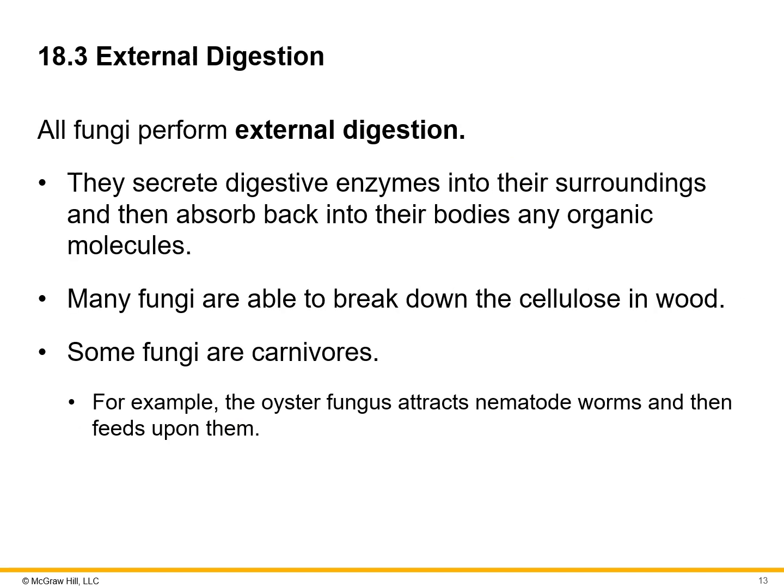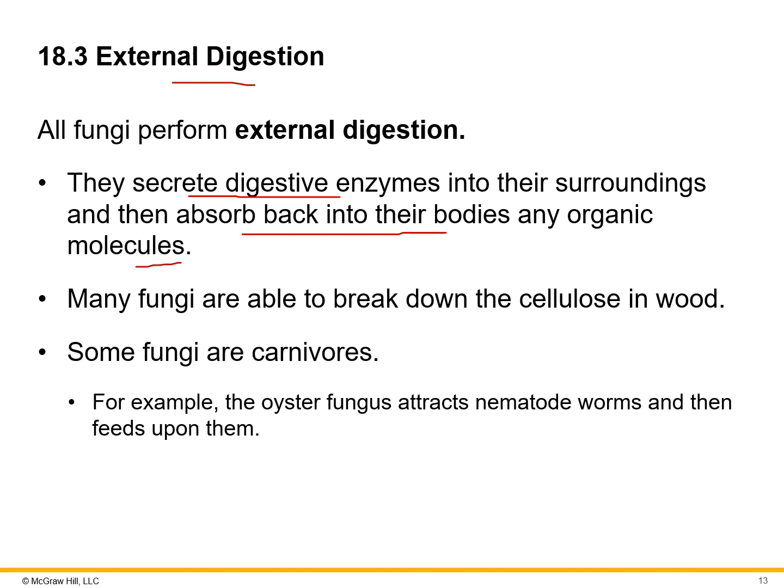Another unique part to fungi is that they have external digestion. We, of course, have internal. We have a stomach and intestines that break down all of our food. But fungi secrete those same or similar digestive enzymes to break down lipids or proteins or carbs. They release them outside of their organisms, and they absorb them back into their bodies as smaller organic molecules.